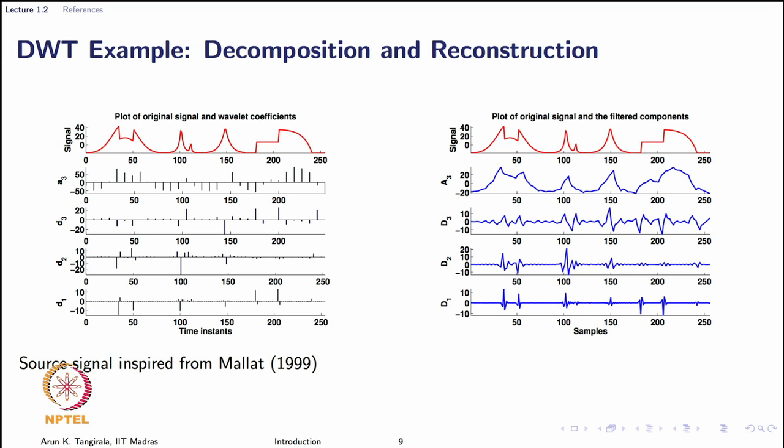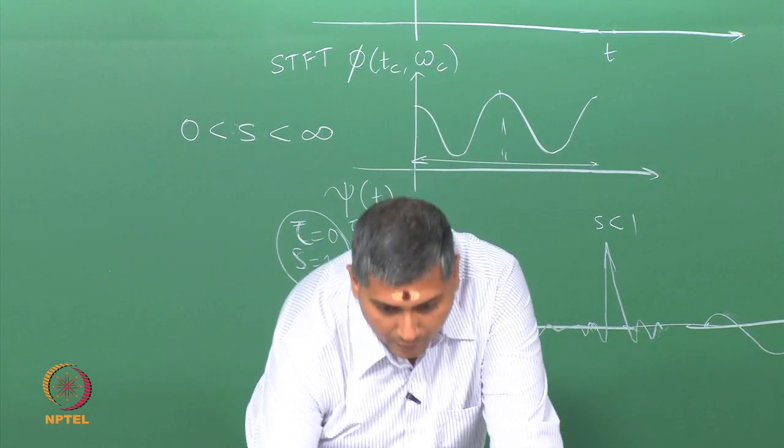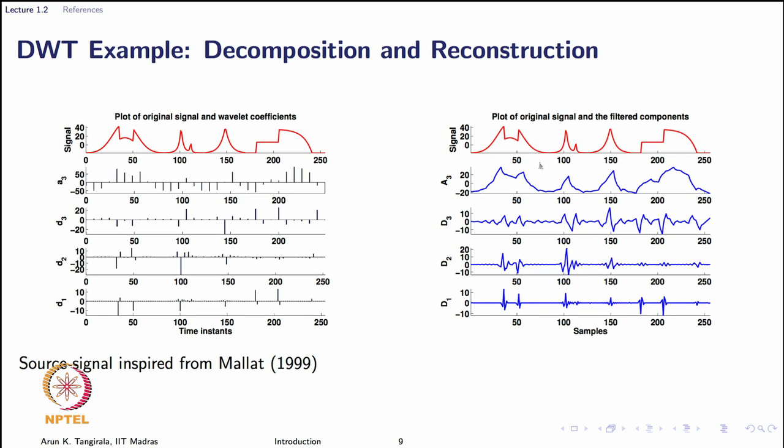Now, what you see on the right is again the signal on the top, but now I have plotted continuous versions of the signal's components. What are these exactly? Again with the signal on the top, the second one that you see, denoted here as A3, how did I generate this?